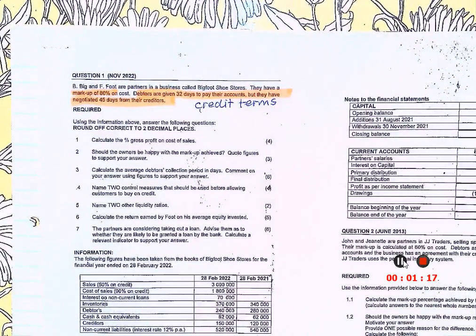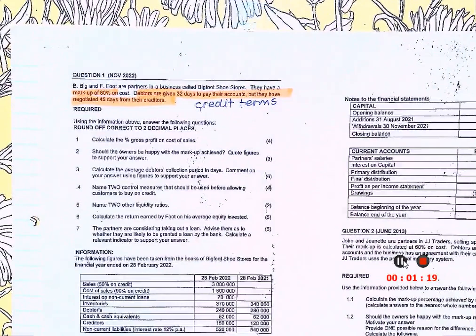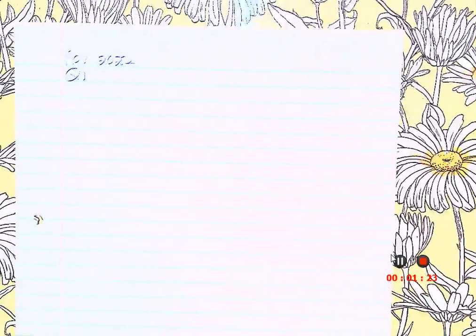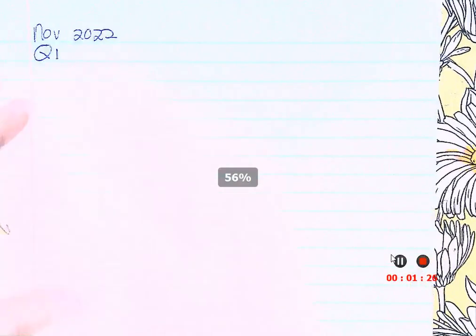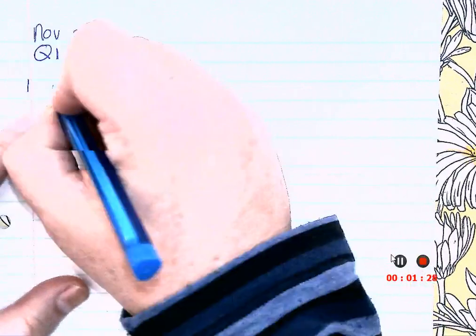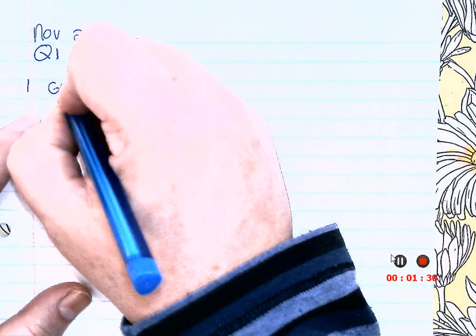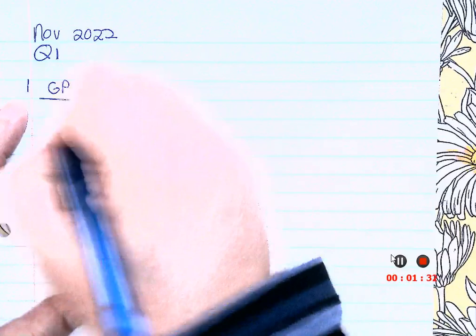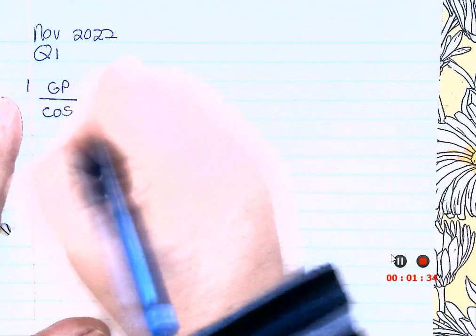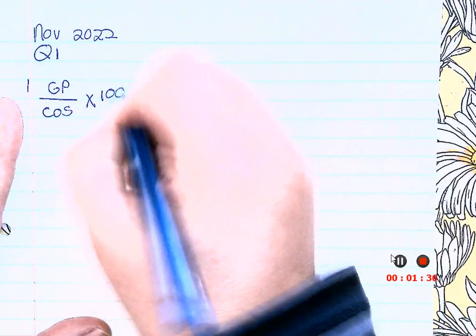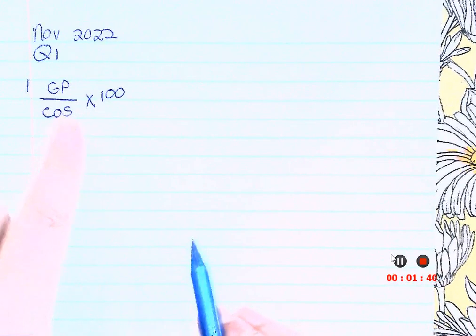So, next one. Using the above information, do the following. Calculate the percentage gross profit on cost of sales. So, gross profit on cost of sales is the gross profit on top and the cost of sales at the bottom. You don't even have to write this down because you're not going to get marks for writing the formula.